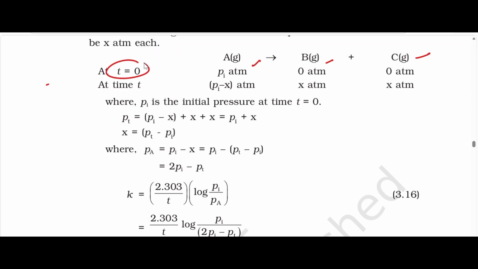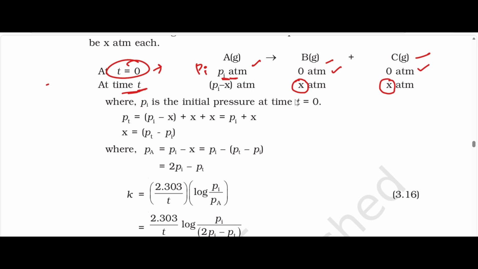I have taken at time 0, at initial time, that this one will be Pi. Pi is the initial pressure in atmospheres, whereas in terms of concentration I have assumed small a. So here in terms of pressure, initial pressure we have to assume as Pi. Obviously initially there are no products. After some time, whatever the time, 5 minutes, 10 minutes, 20 minutes, 1 hour, 2 hours, something is obtained, that I am assuming as X atmospheres.